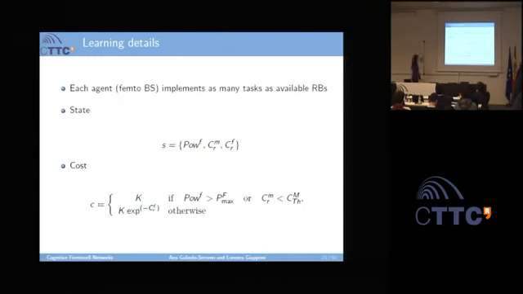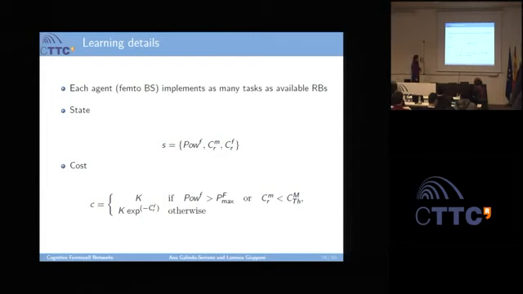So now we go into details of how we model our system. First of all, recall that we will implement a learning task per resource block in each femtocell, and the state of the environment is represented as follows. We will have a component for the total transmission power of the femtocell, which is all the power it is transmitting over all the resource blocks.